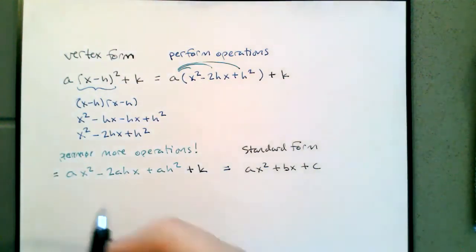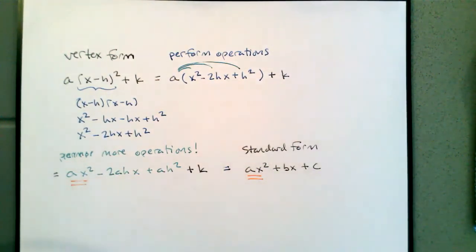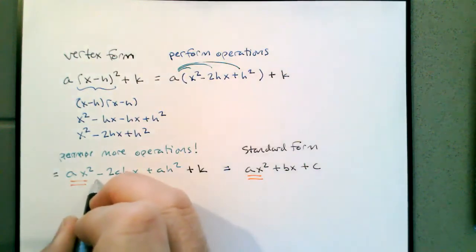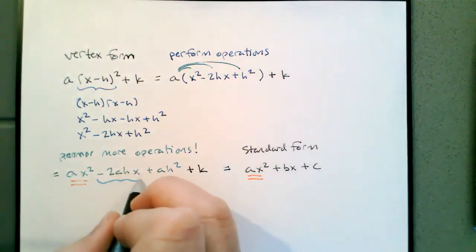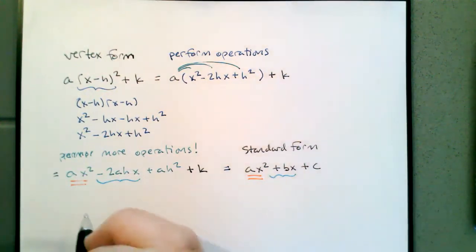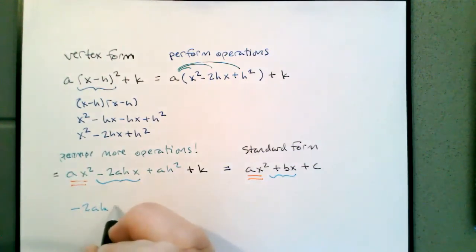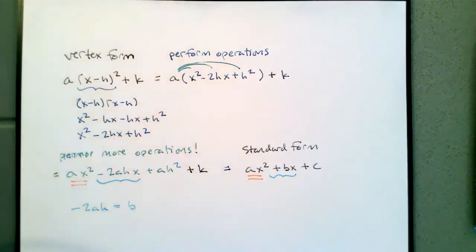Now, if these two things are going to be equal, the x squared terms, notice that those two are the same, ax squared and ax squared. That's good. Otherwise, things have gone horribly wrong, and we have to fix something. But we also want to look at this minus 2ah times x, and then the x term in the standard form is bx. So that means that minus 2ah has to equal b.